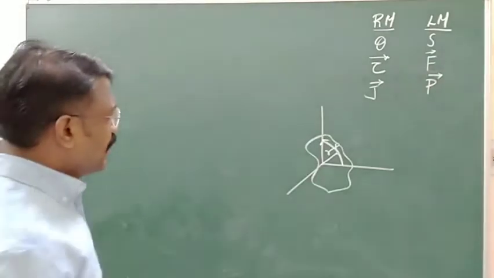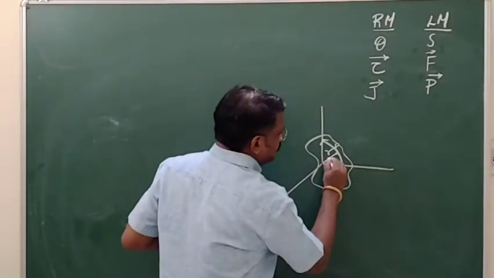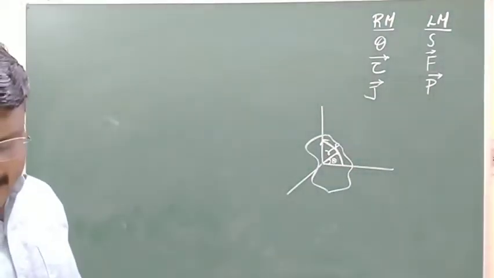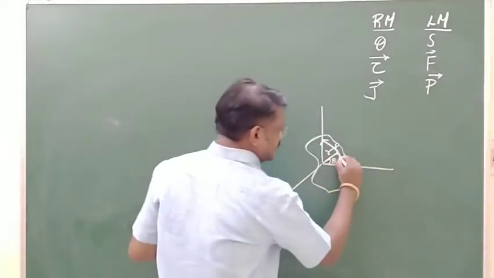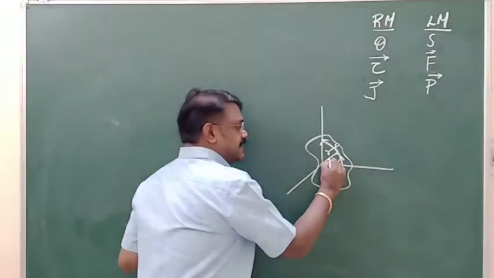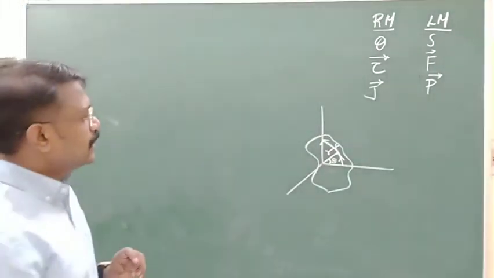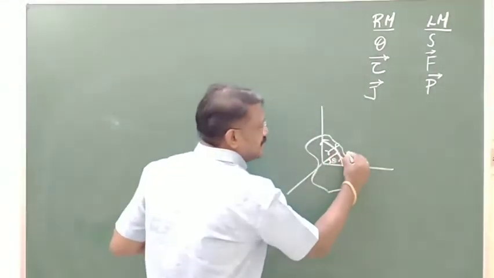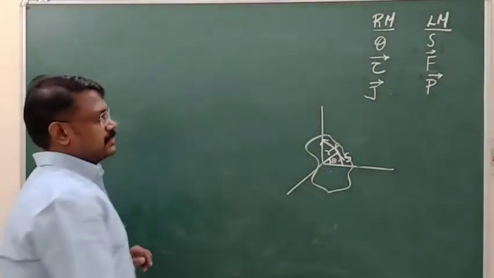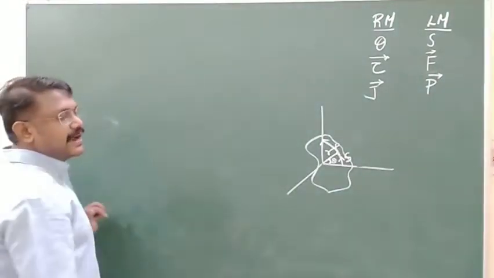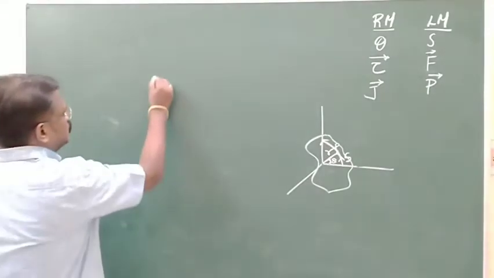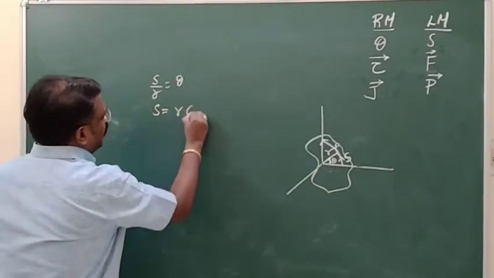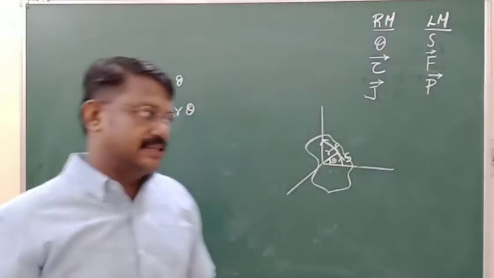At any instant it makes an angle theta. The linear distance traveled during that time is s, the displacement. So S by R, arc by radius, is equal to theta, or S is equal to R theta.